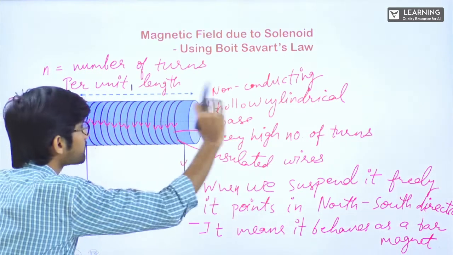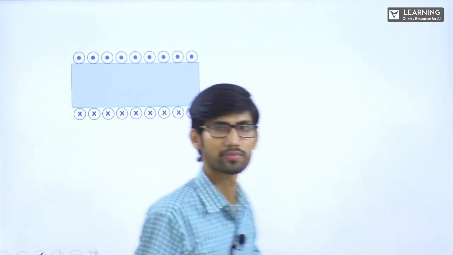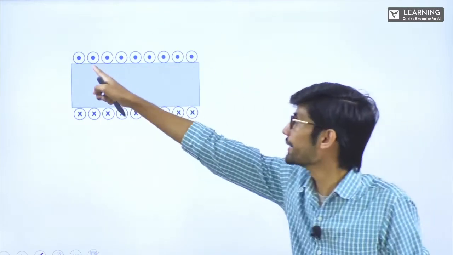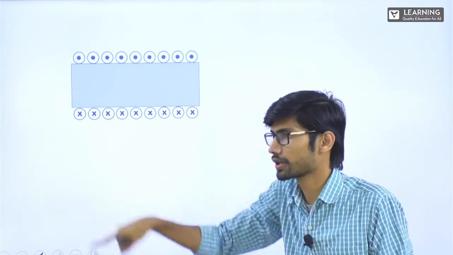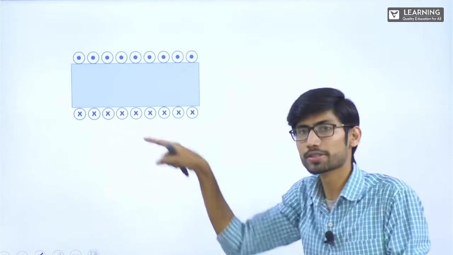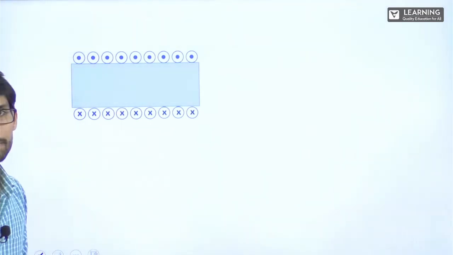So if I cut this part, you will be seeing something like this. This is a cross section. Current here is coming out, here it is going in. The circular loop is like this, from up it is coming out, from down it is going inside. Correct?